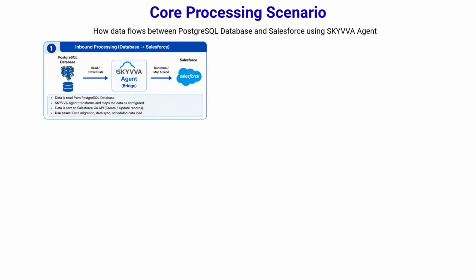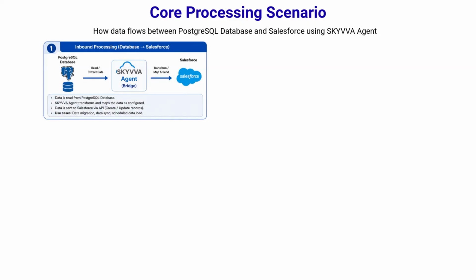Let's begin with inbound processing. In this scenario, PostgreSQL database acts as the source system. SKYVVA Agent first connects to the database and reads or extracts the required records. After retrieving the data, the agent transforms and maps it according to the configured integration rules.